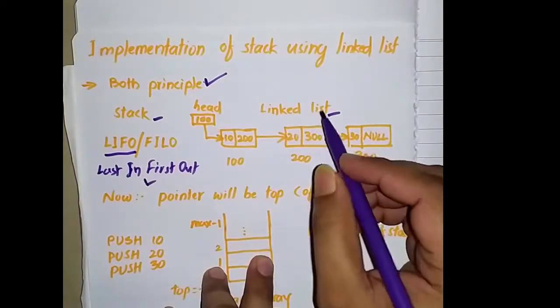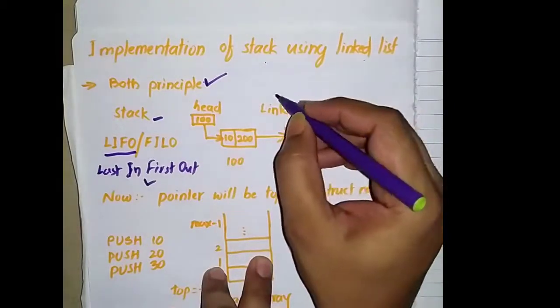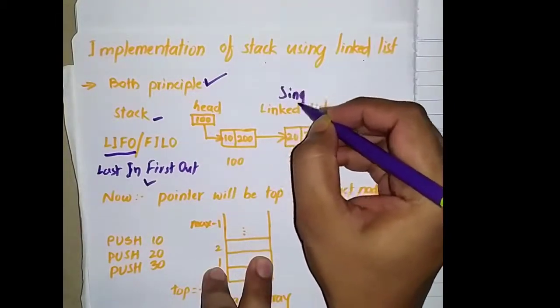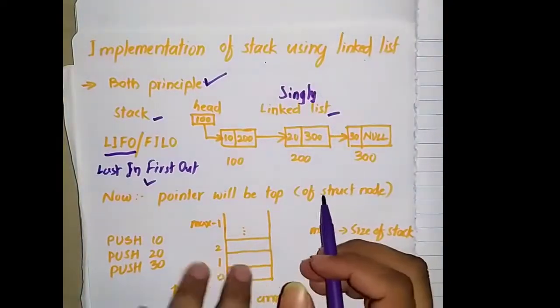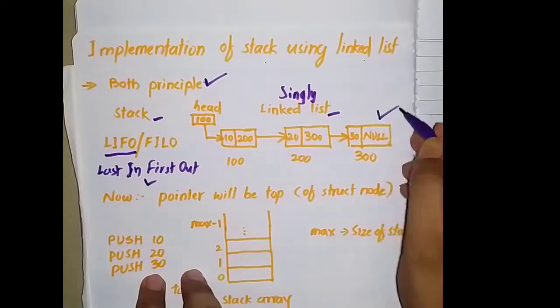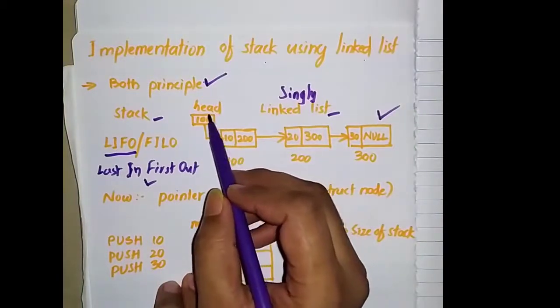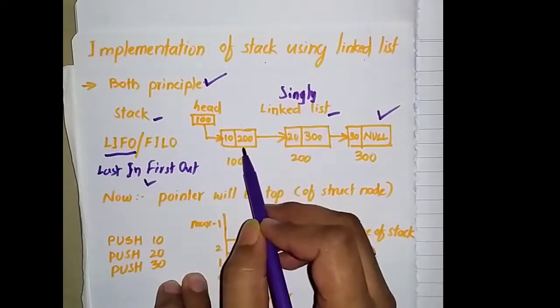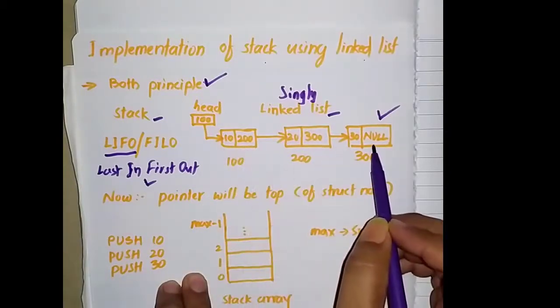Okay, so here for implementation of stack using linked list, I am considering the singly linked list. We have seen the singly linked list, something like this, many times. So here there is a head pointer. The pointer points to the first node of the linked list, and in this example I have considered 3 nodes.